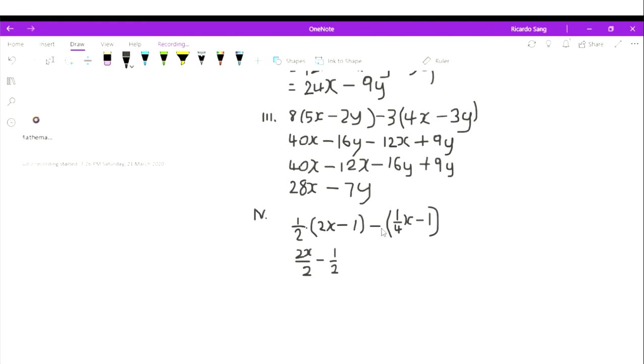This is where it gets tricky. When you see a negative sign outside a bracket, to remove the bracket you have to multiply by -1. So this is going to become negative a quarter.